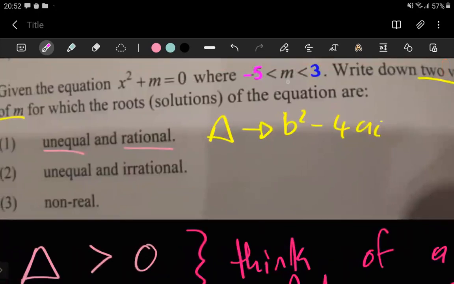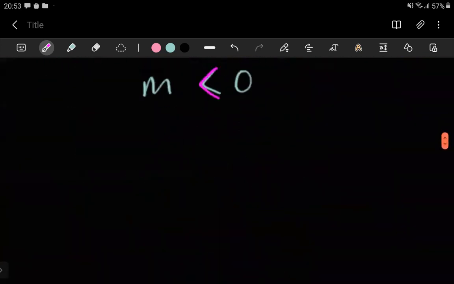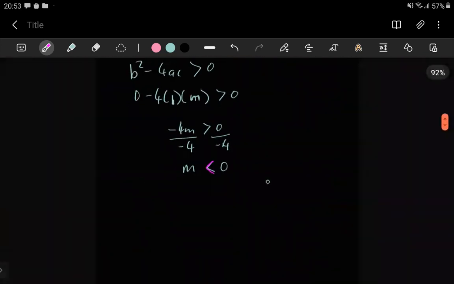Which values of m that are smaller than 0 will still fit our restriction? Specific values like -1, -2, -3, -4, and the like.